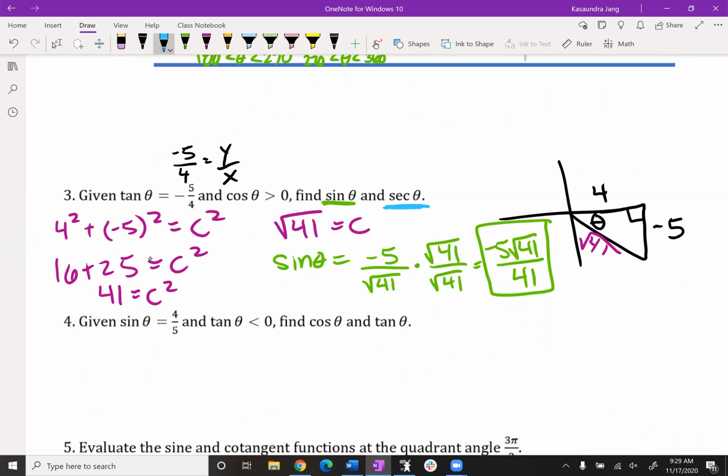So secant of theta is radius over X, and in our case the X value is 4. I'm not dividing by a square root on this one, so this is considered simplified. As long as I find all 3 sides of my triangle, I can find whatever trig functions they want.